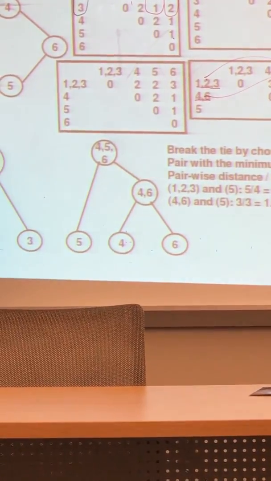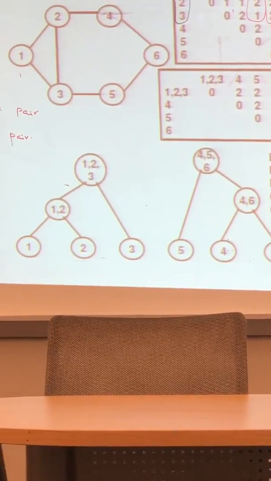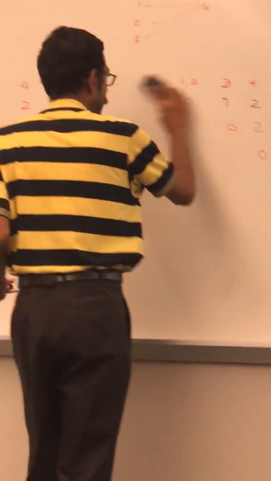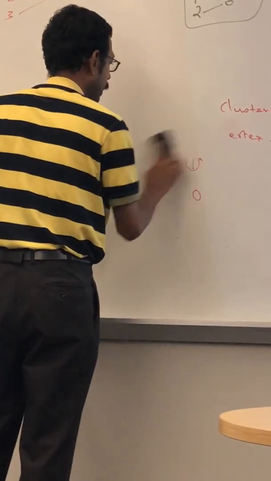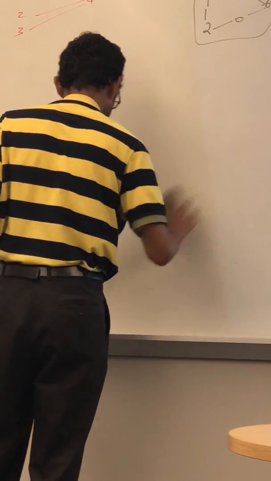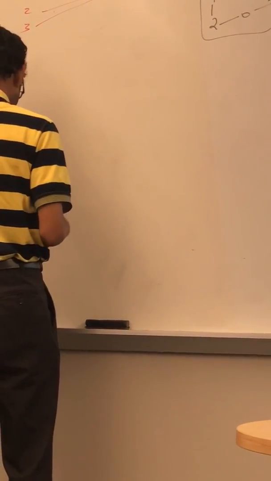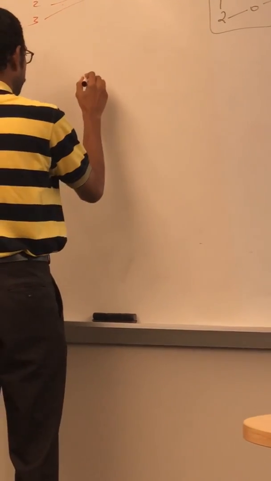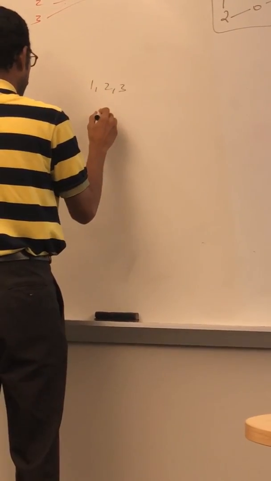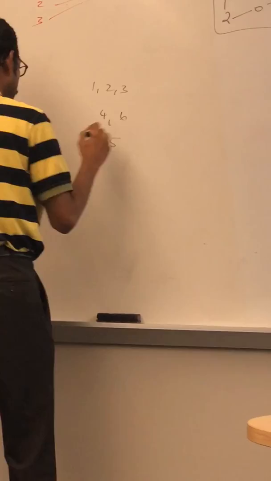Okay. So you have to write the new distance matrix that has 4, 6 as one cluster. So 1, 2, 3 as one cluster, then 4, 6 as one. The remaining one is 5.